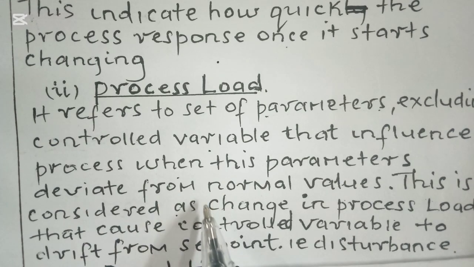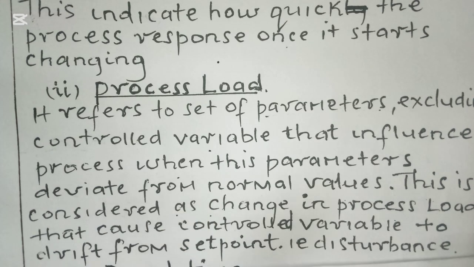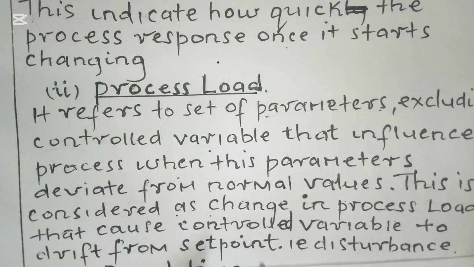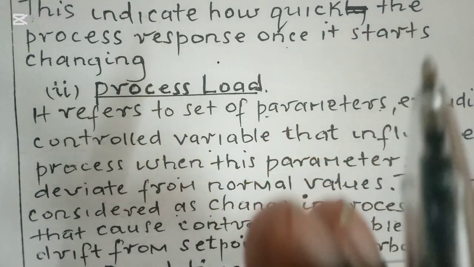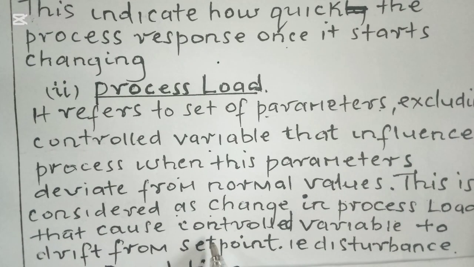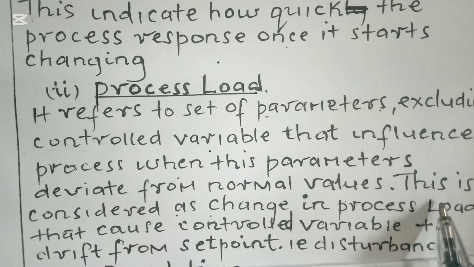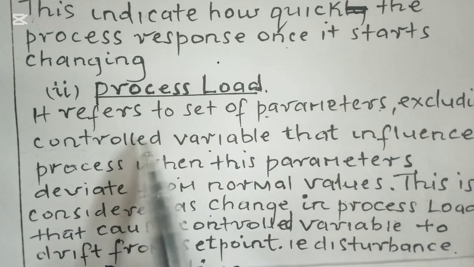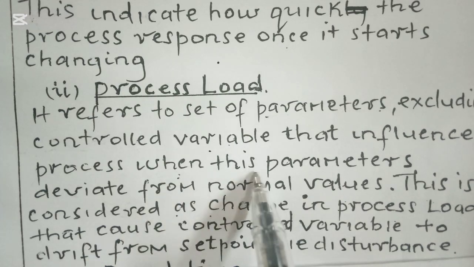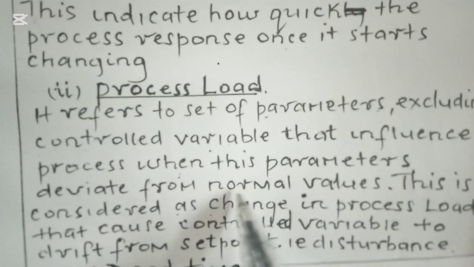If there are very strong winds, this is going to cause the vehicle to deviate. If it was moving in a certain direction, the vehicle might deviate because of the strong winds. And that's what we are saying here: parameters that influence the process when they deviate from the normal values.